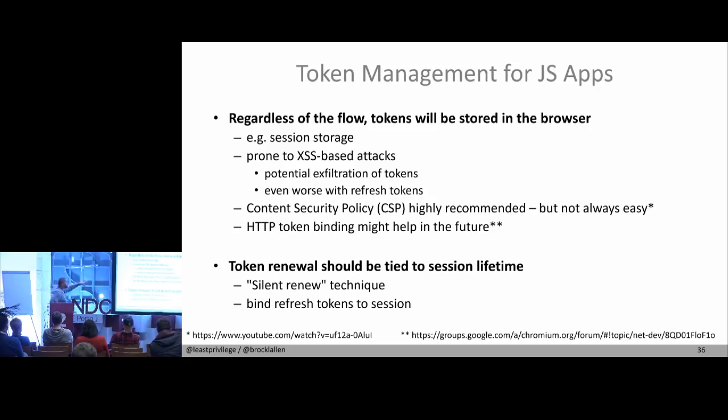Now, the other thing that we need to talk about in terms of managing a token is token renewal. We talked about how maybe refresh tokens aren't the best approach in these JavaScript apps because of how dangerous they are in that context if they're stolen. So the other approach is this thing called a silent renew, and that's been around as a technique for a really long time for JavaScript applications. Basically, you make the same authorization request back to the token server to get a new token, except you do it in an iframe.